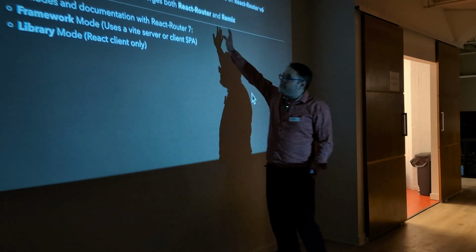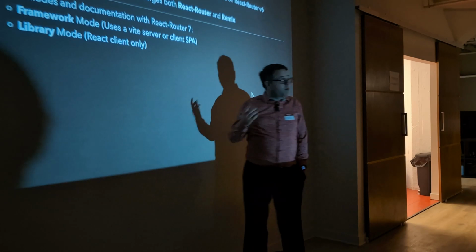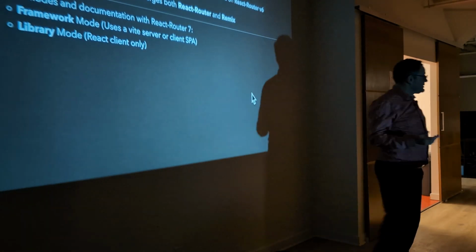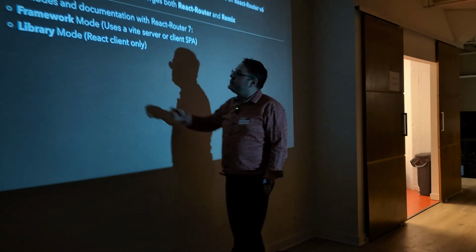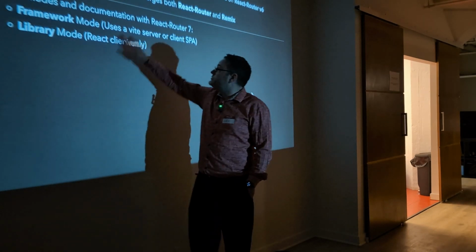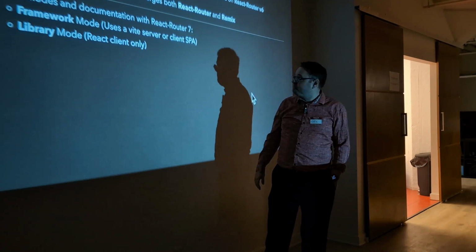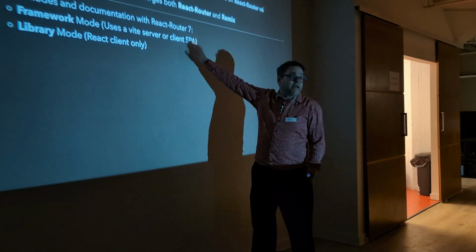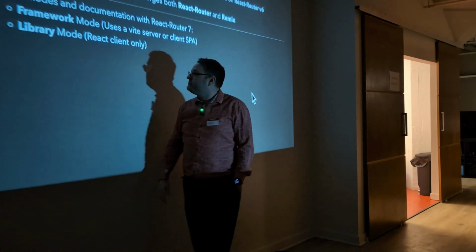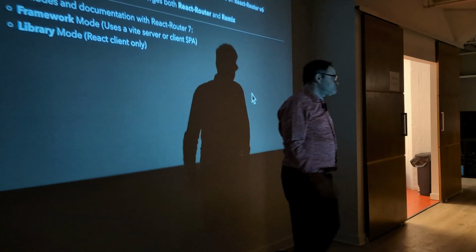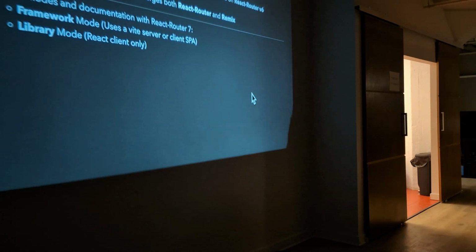So when you install React Router v7, there's two modes and two sets of documentation. You can now use React Router in the new framework mode, which uses a Vite server or client SPA for single page application, or it's going to use a library mode, which is similar to the way we were using React Router previously.